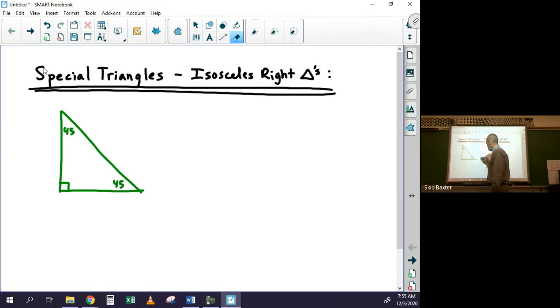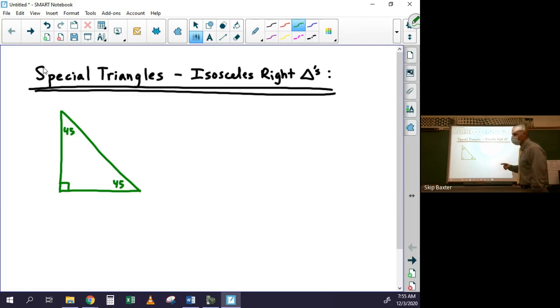So it turns out that if you know any one side of an isosceles right triangle, you can find the other two sides. Normally, with a right triangle, you would need 2 out of 3 sides. But with an isosceles right triangle, you only need 1 out of 3 sides.